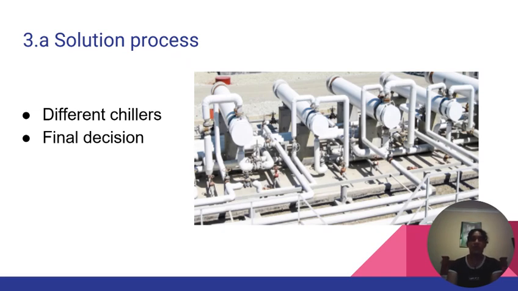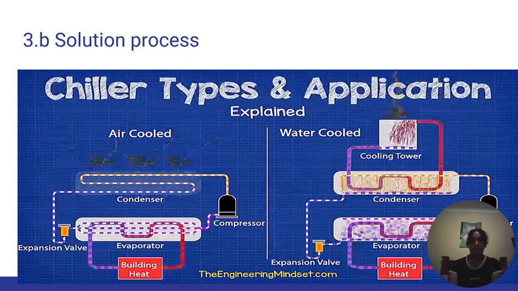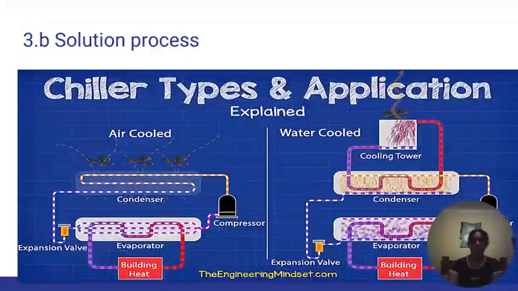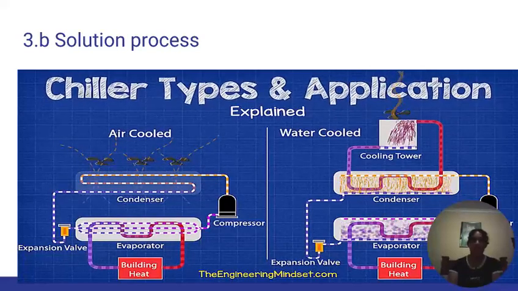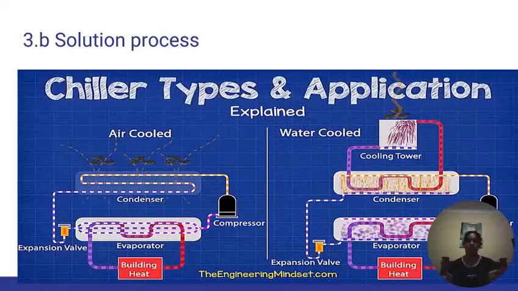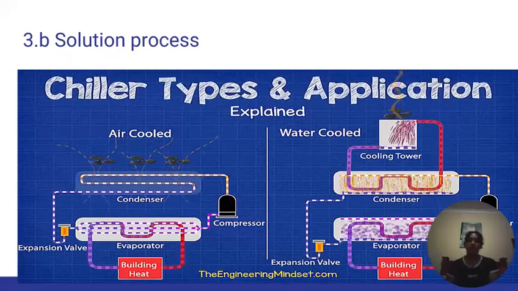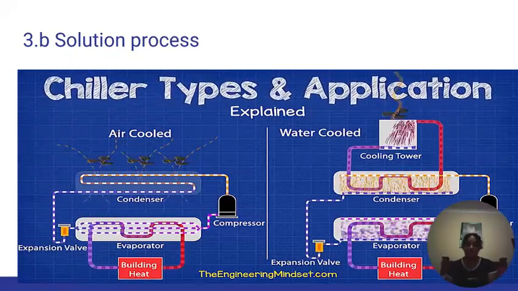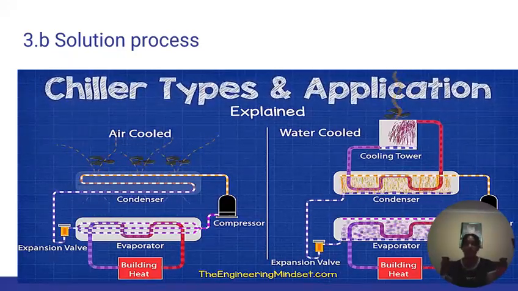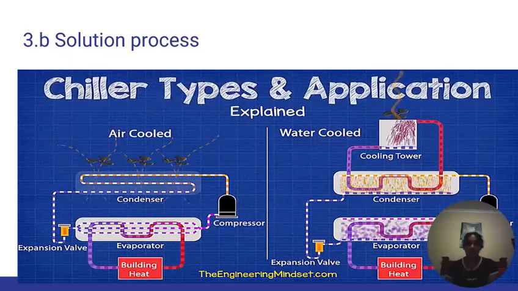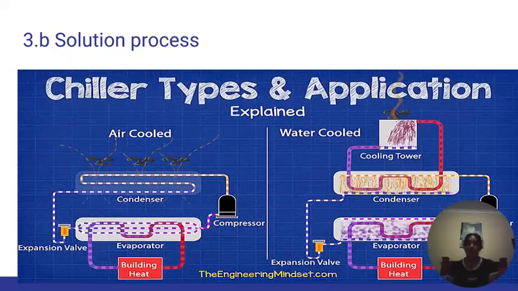I found that there are mainly two types used in water chiller systems. As you can see in this diagram on my slide, you can see a clear depiction of an air-cooled and a water-cooled chilling system.